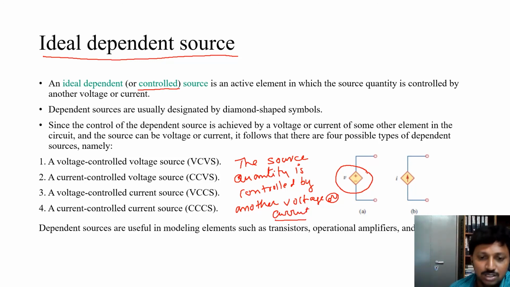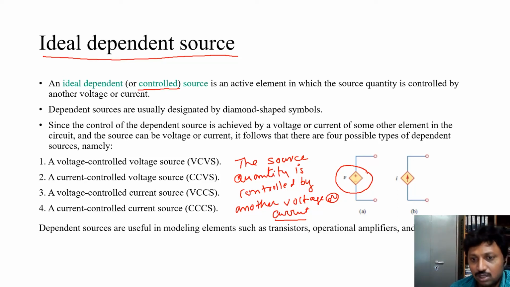It means circuit variables will control this source quantity, which I am going to explain. Since the control of the dependent source is achieved by the voltage or current of some other element in the circuit, the source can be voltage or current.